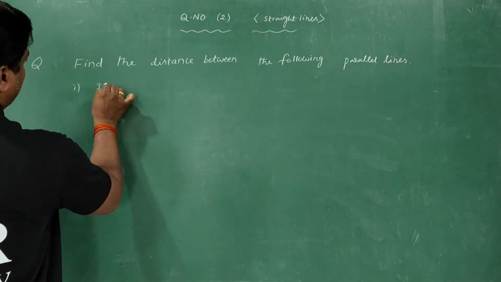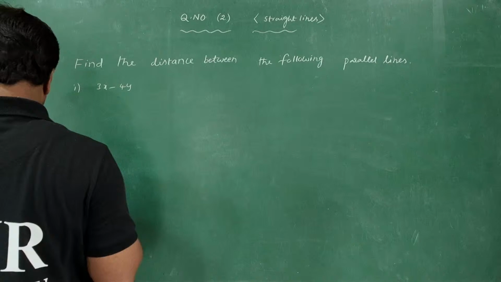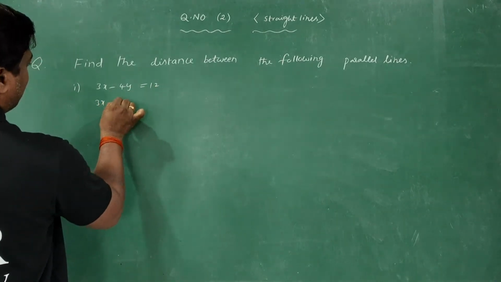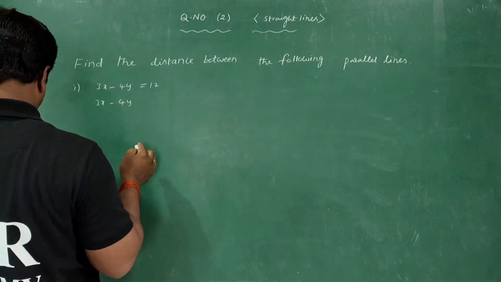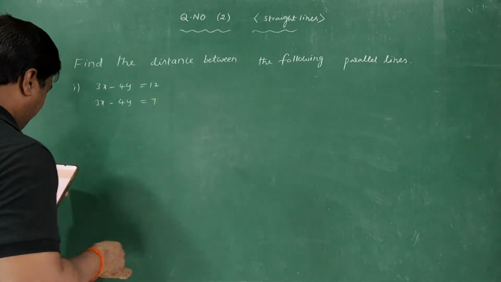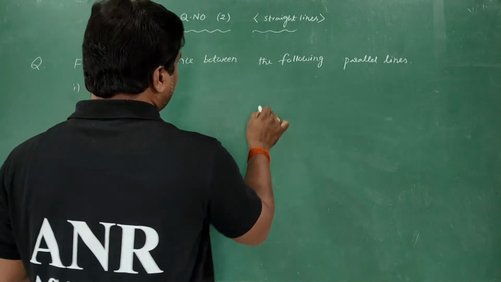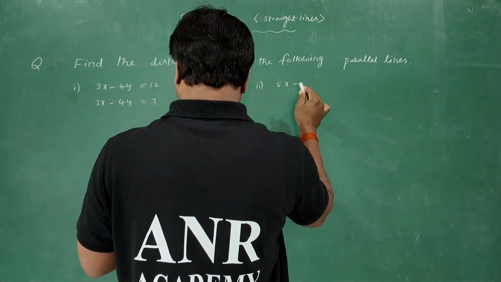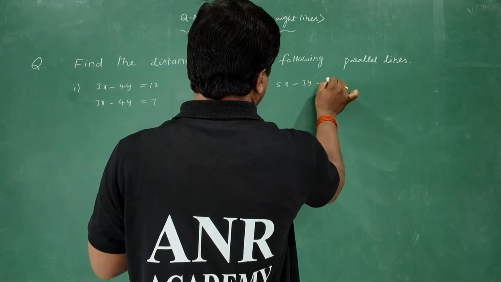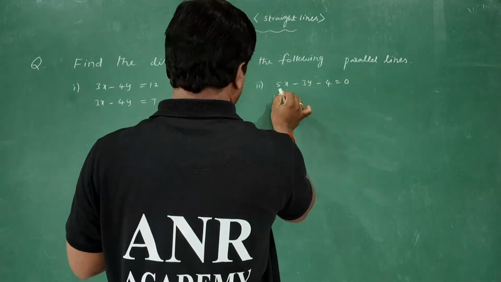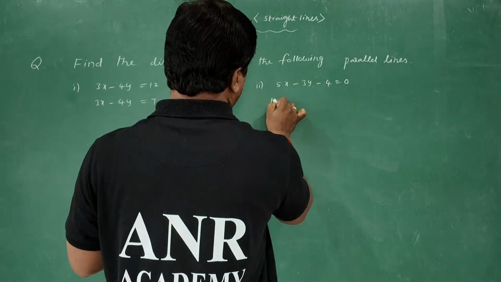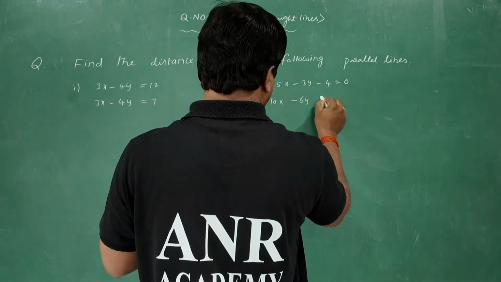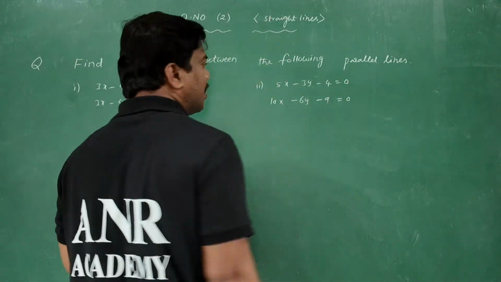One is 3x minus 4y equal to 12, another one 3x minus 4y equal to 7. And the second question: 5x minus 3y minus 4 equal to 0, next 10x minus 6y minus 9 equal to 0.